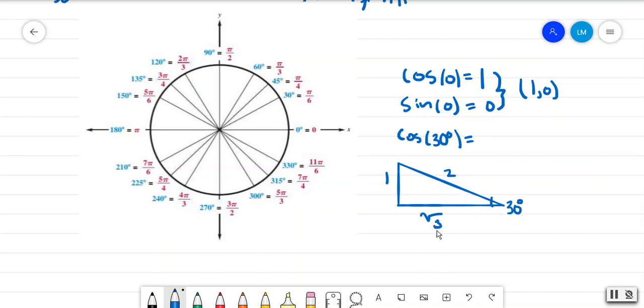That gives you root 3 over 2. But then looking at sine, that's going to be 1 over 2, which is 1/2. So that's root 3 over 2, comma, 1/2.